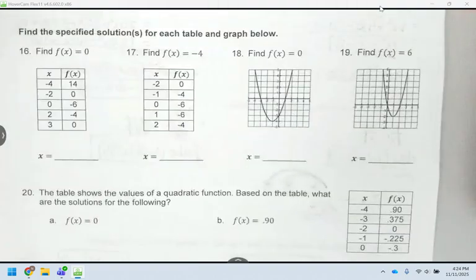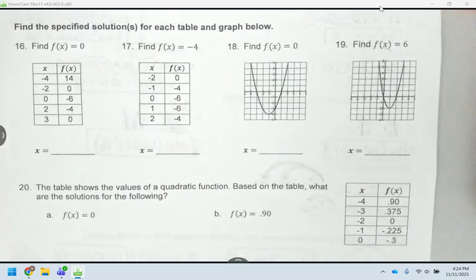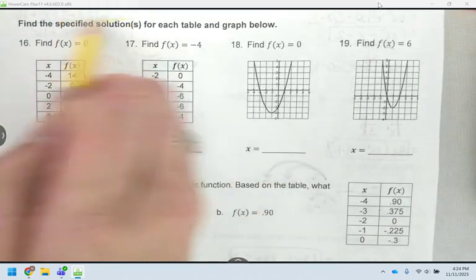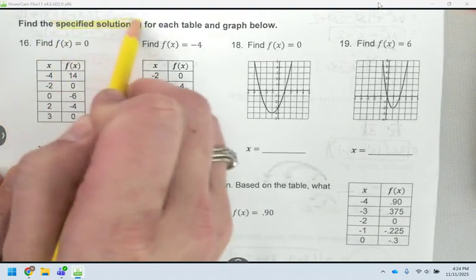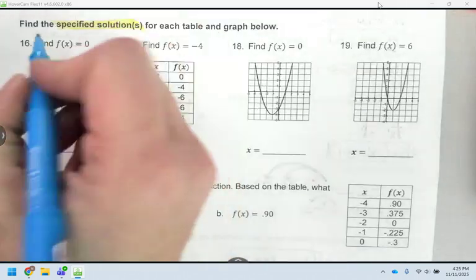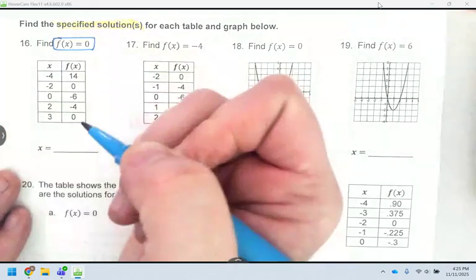All right, moving on to 16 through 19, which is saying find the specified solutions for each table and graph below. Okay, the specified solutions. So each one is specifying a different solution. This one is asking to find when f of x is equal to 0.